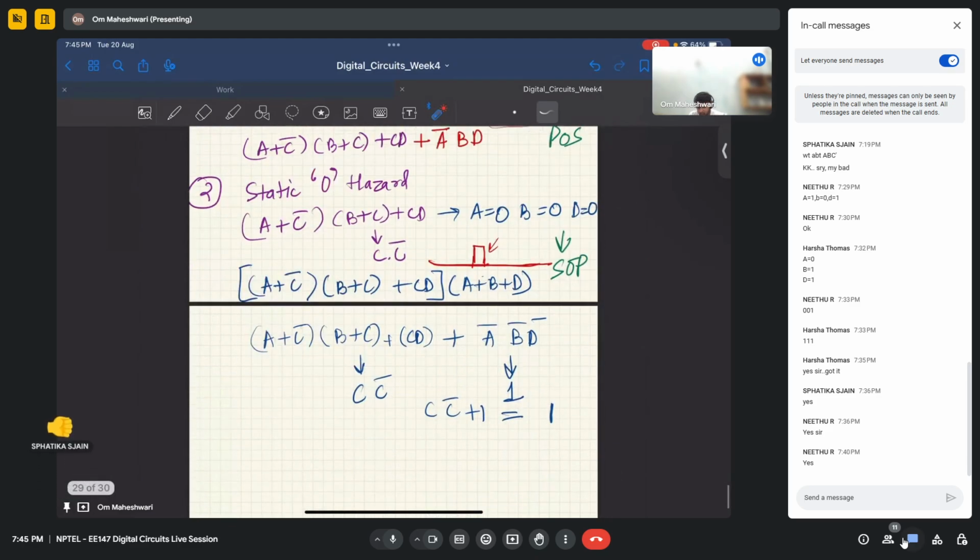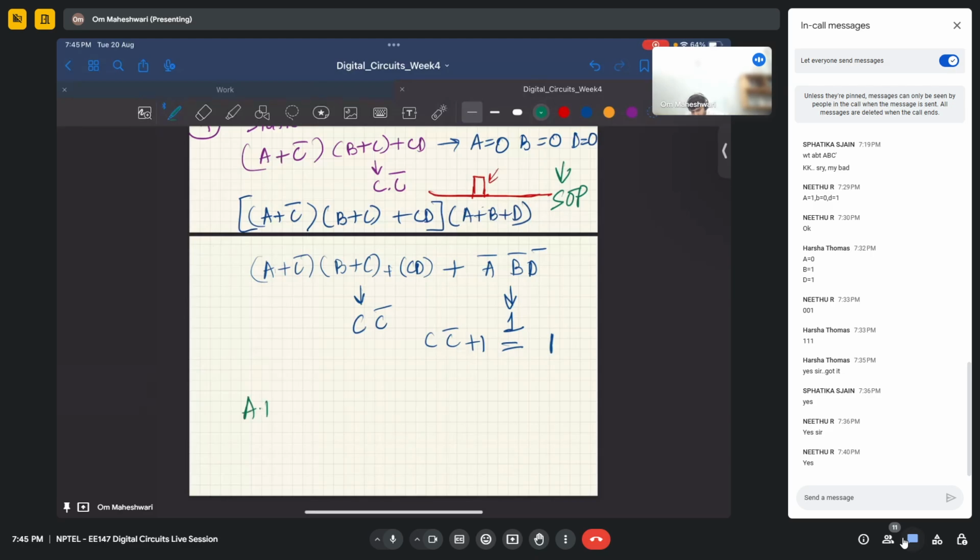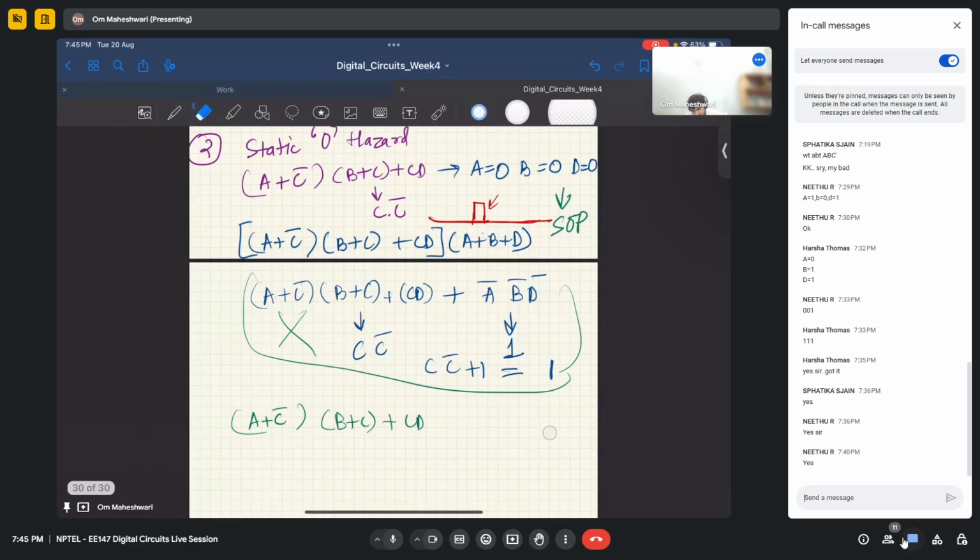So till now, to remove these two, your expression has become A plus C bar, B plus C plus CD. Sorry, we did not add A bar, B bar, D bar.